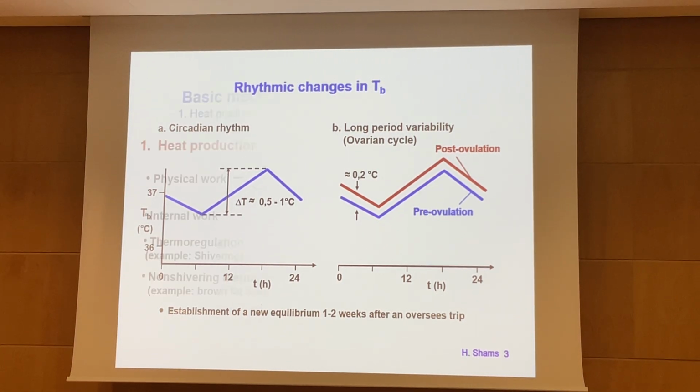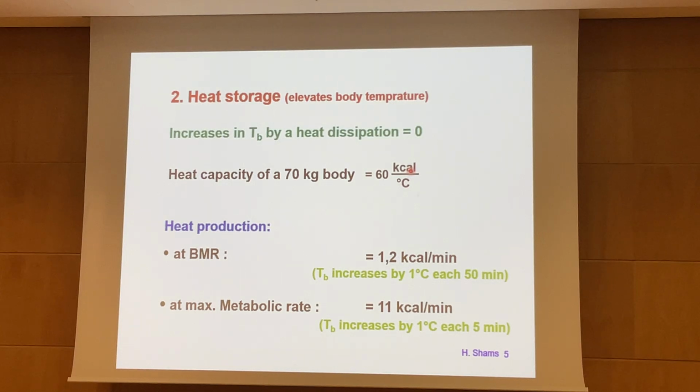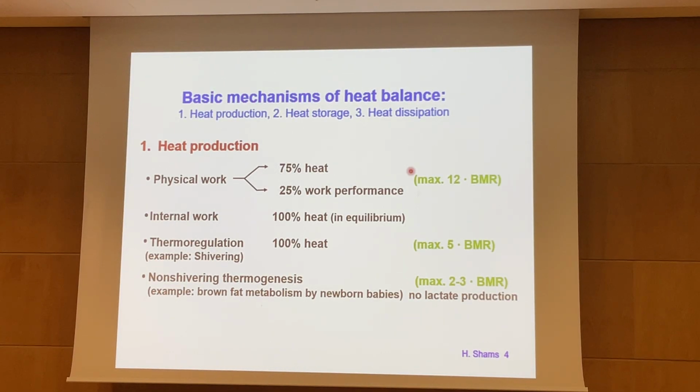Okay. And now what we do in this lecture, the question is, what determines the body temperature? Body temperature is resulting from a balance between heat production in the body. You know, by metabolism, we produce heat in the body, and heat dissipation from the body to the environment.